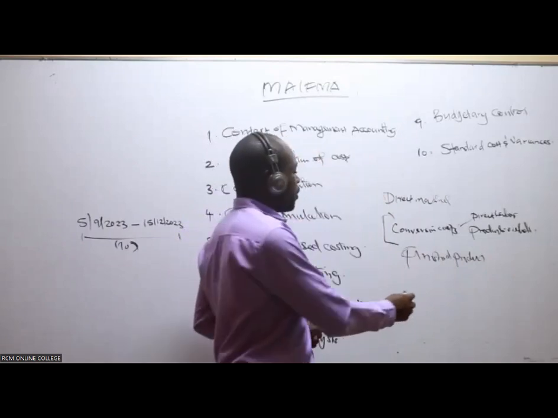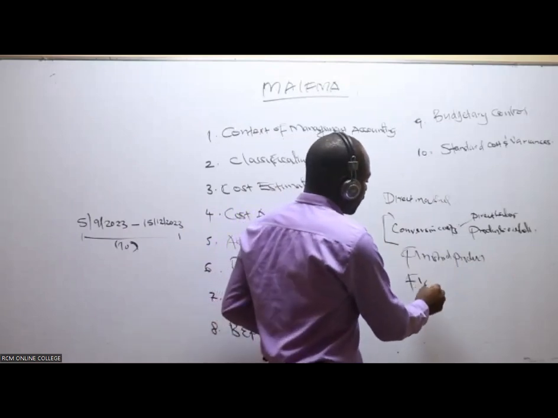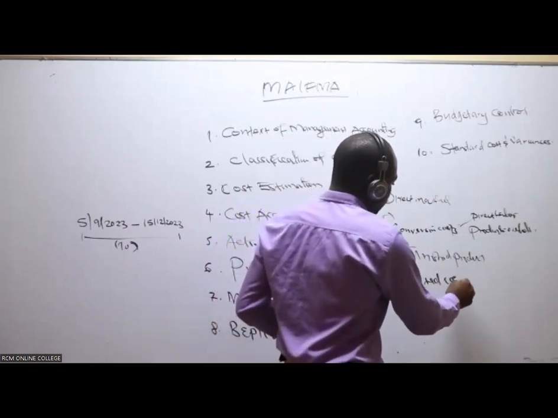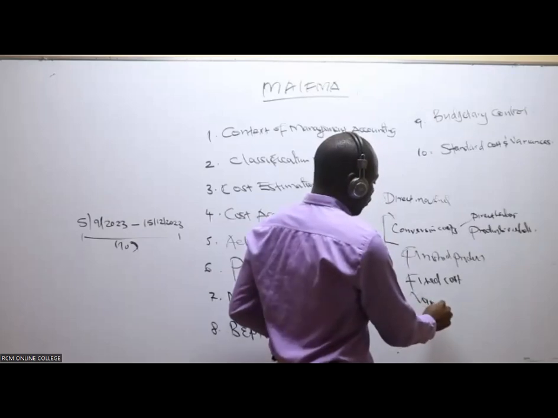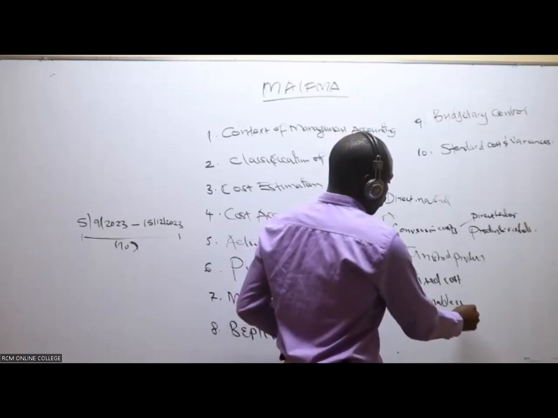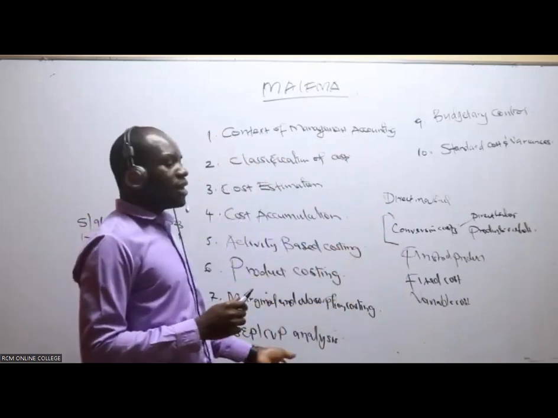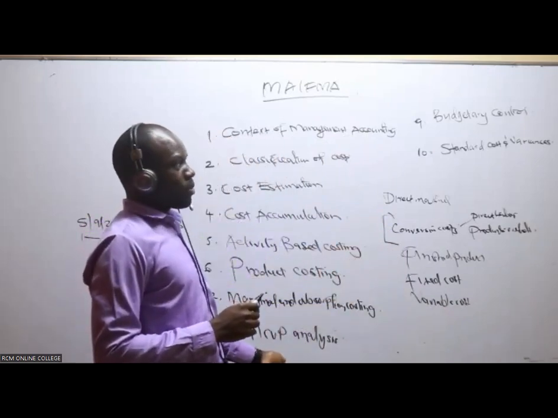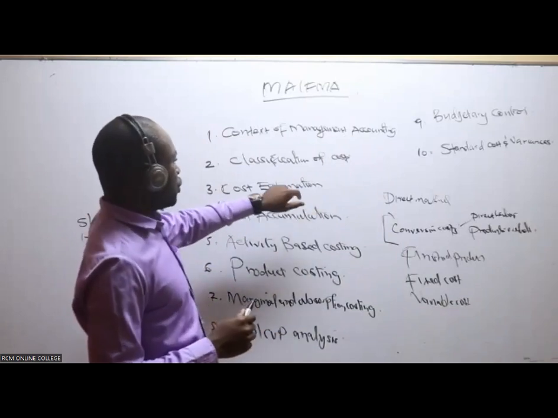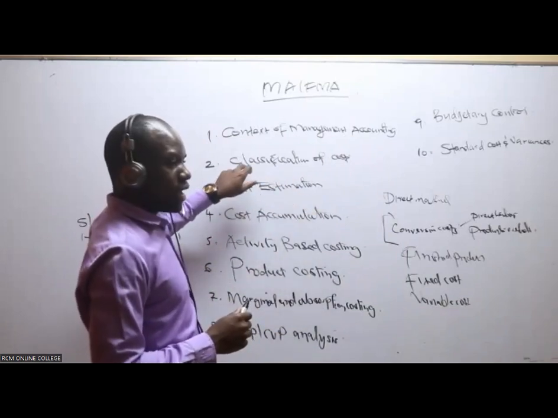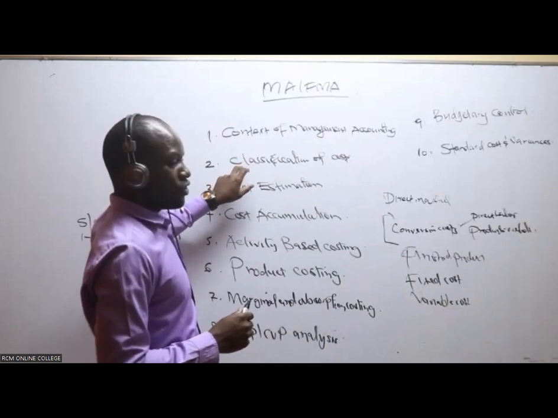We are going to deal with either fixed cost or variable cost. That is what you need to understand when you are doing your topic number 8. Still taking you to which topic? Topic number 2, under classification of costs.